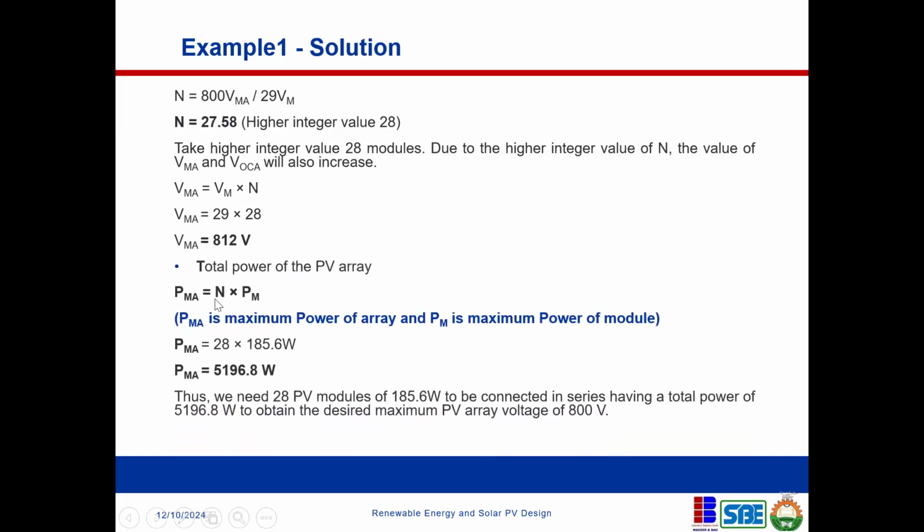When you multiply 28 times 185.6, the output power of that array is 5,196.8 watts.